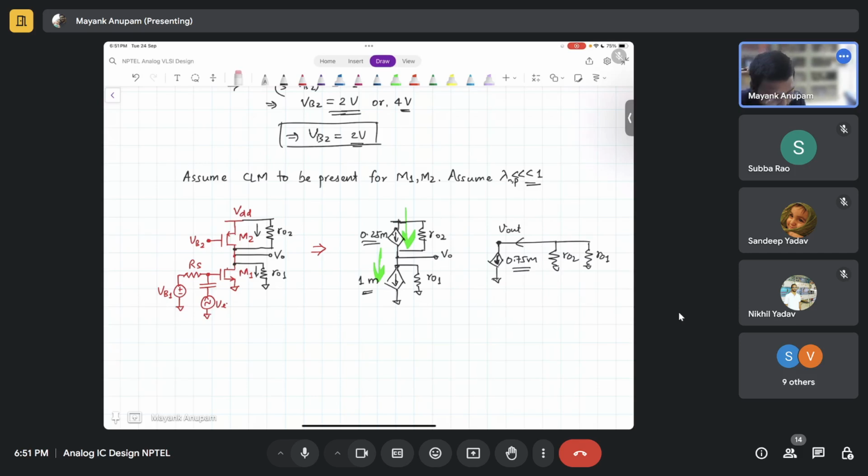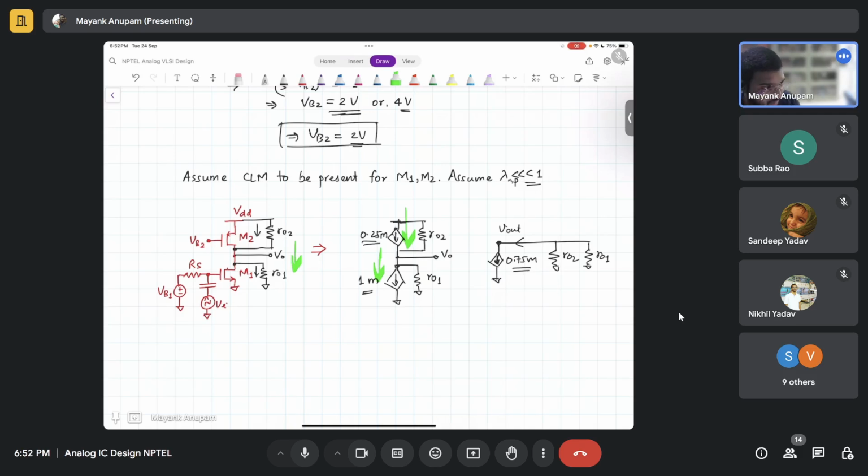So there is some output resistance. If there is a change in current, what is going to happen at this point? The drain voltage will start decreasing, because of which, due to channel length modulation, when the drain voltage decreases, the current also will start falling down, isn't it? Is that understood?